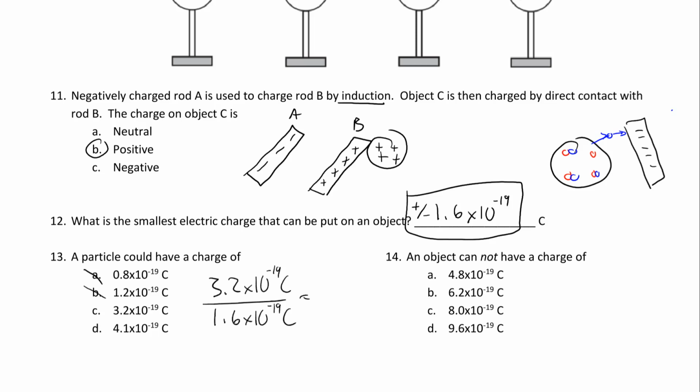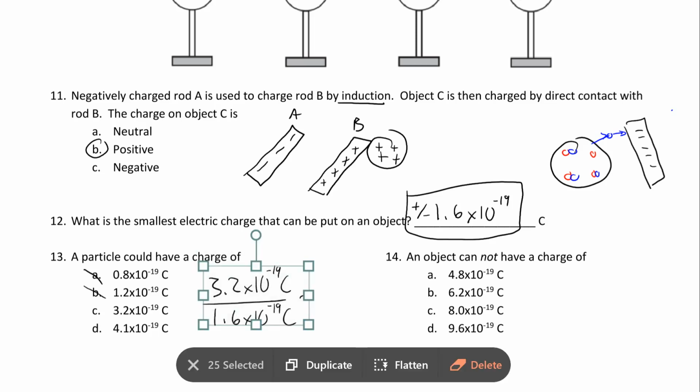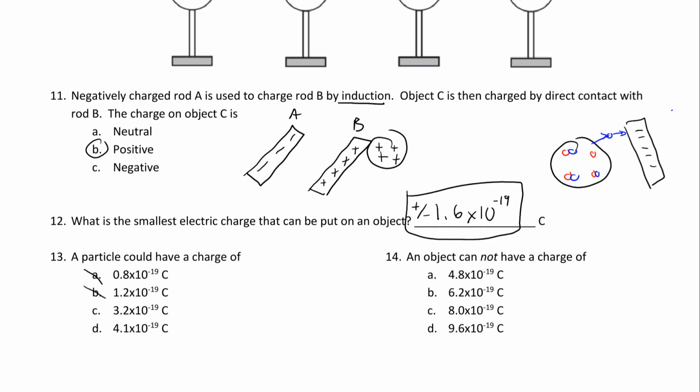Basically, you should get to a whole number when you do that division. If you get to a whole number, you're good. Let's talk about Q is equal to NE. The total charge here is 3.2 times 10 to the negative 19 coulombs. We're looking for the number of electrons or number of protons, and it has to be a whole number.